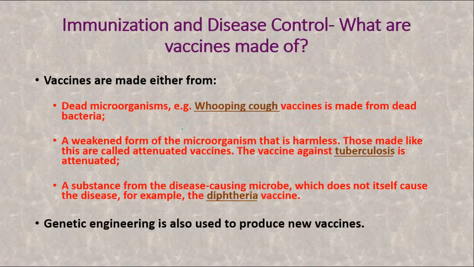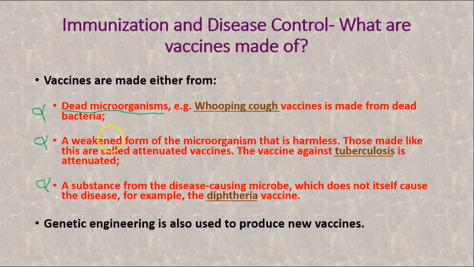Good. Now, let us look at what vaccines are made of. Vaccines are made from one of three things. Vaccines are either made from dead microbes. Example, whooping cough vaccine is made from dead microorganisms, dead bacteria.